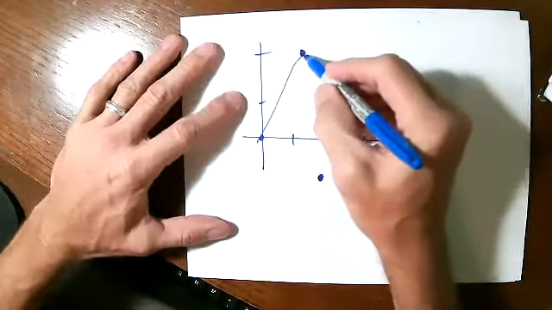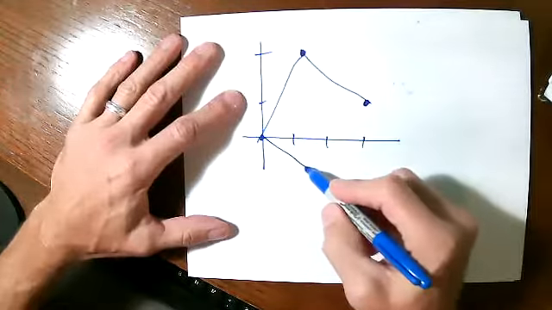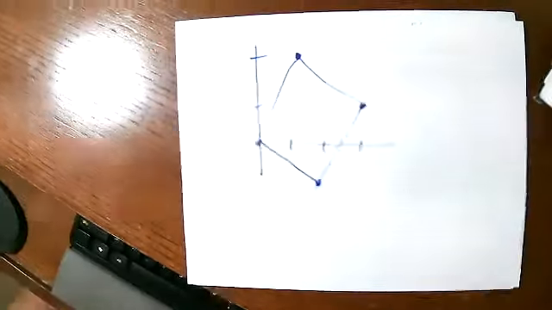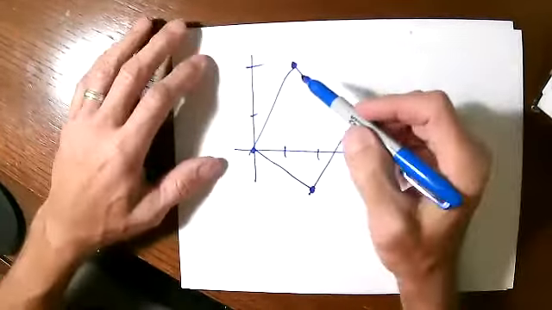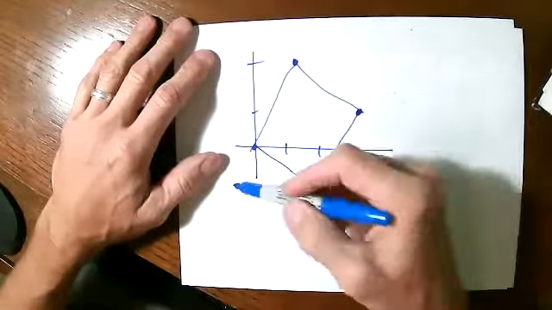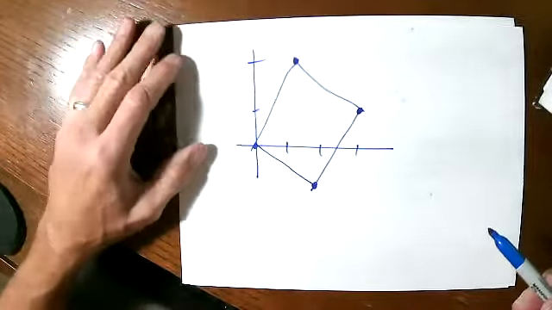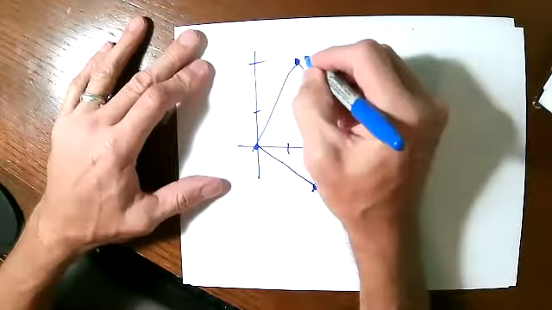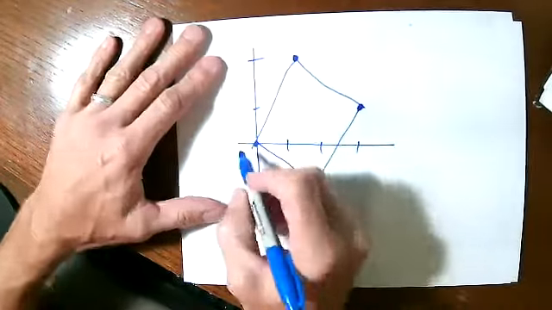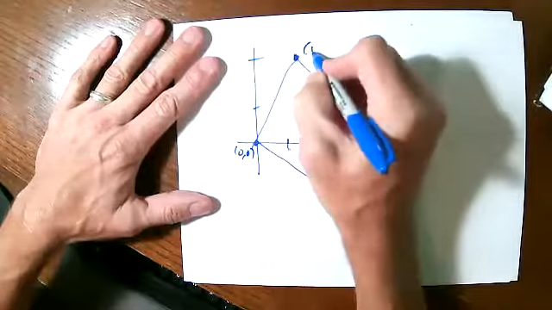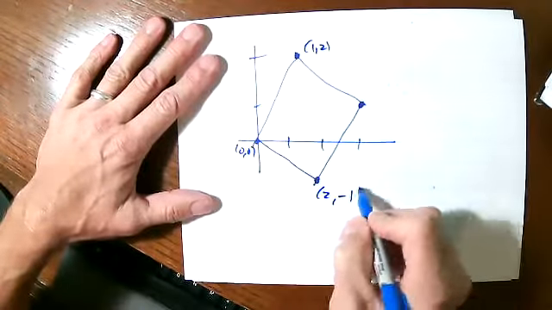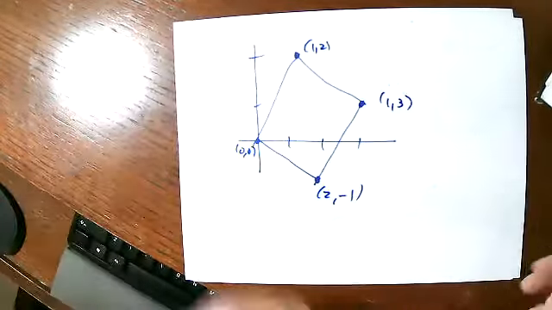So if they just tell you the corners of this region, and they tell you that it's supposed to be straight line segments that join them, well, let me put in the Cartesian coordinates of these points. So this is the origin, obviously. This is 1, 2, 2, -1, and 1, 3.